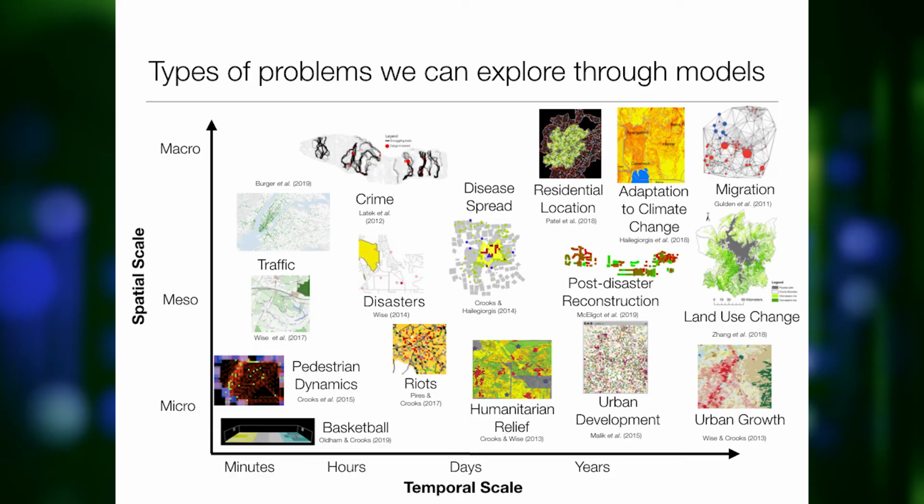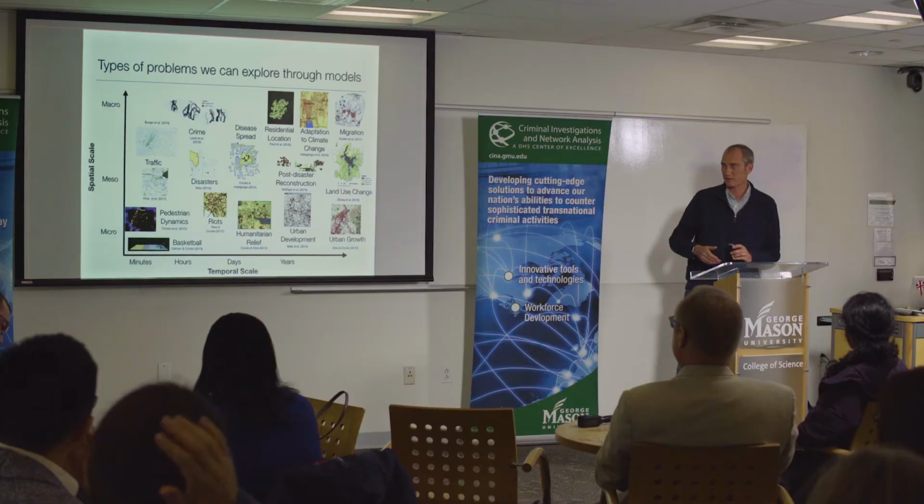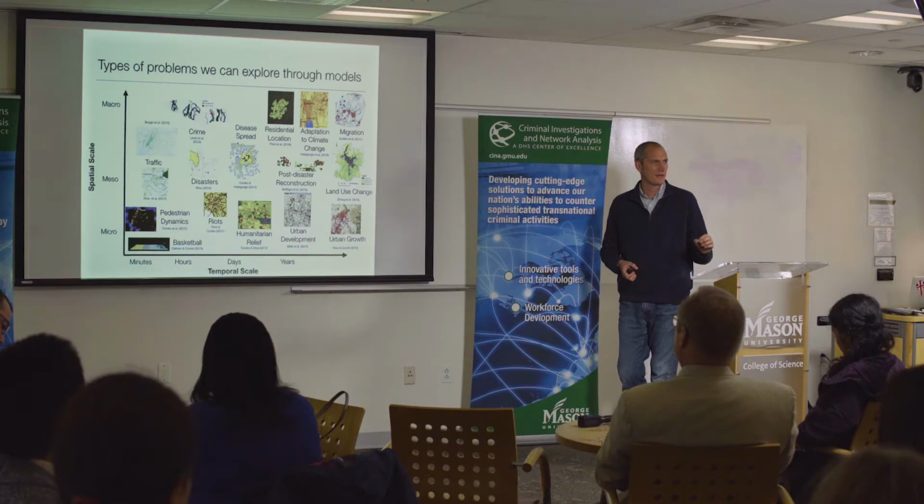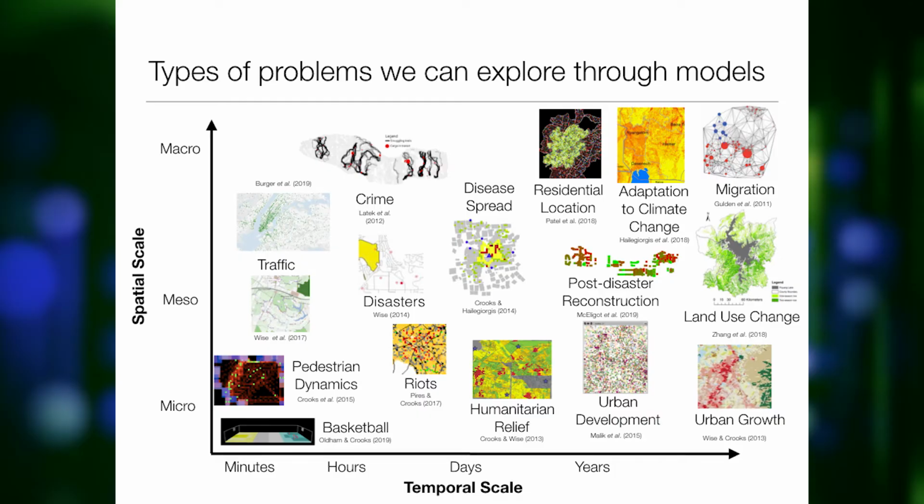And we can build models and explore a whole variety of different phenomena at a variety of different spatial and temporal scales. We can build models at a very fine scale, like pedestrian models, or my favorite model at the moment, a basketball model, using data from actual real basketball games. But these are very fine-scale models operating in seconds over very small spatial scales, like a basketball court.